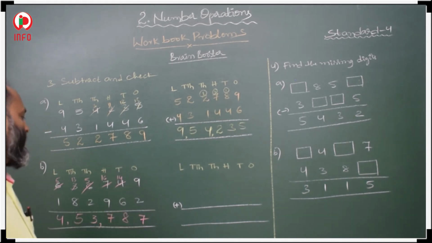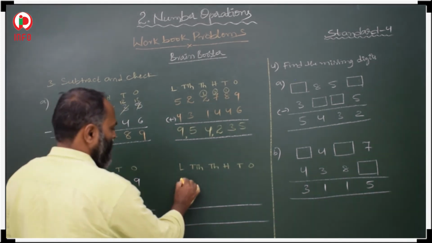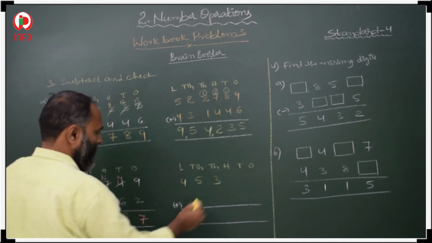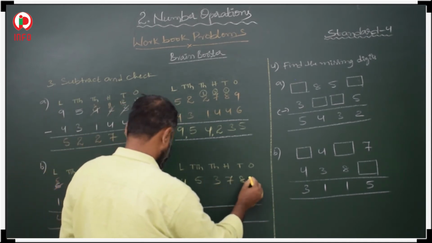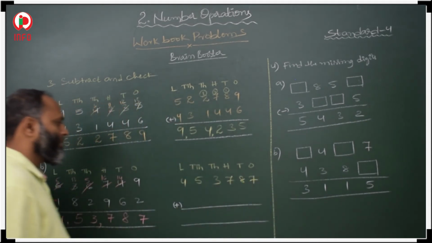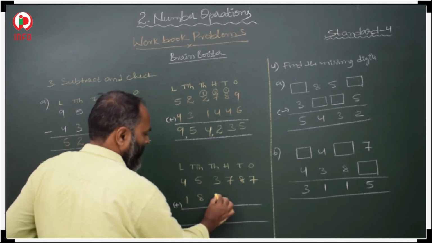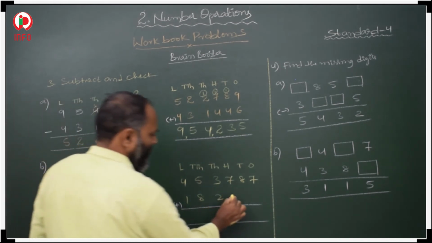Now, how to check? First we have to take the difference. 4 lakhs 53,787. Now, subtrahend 1 lakh 82,960.